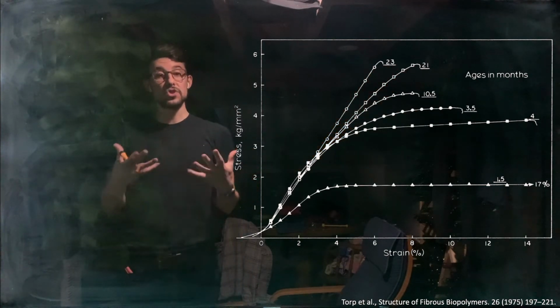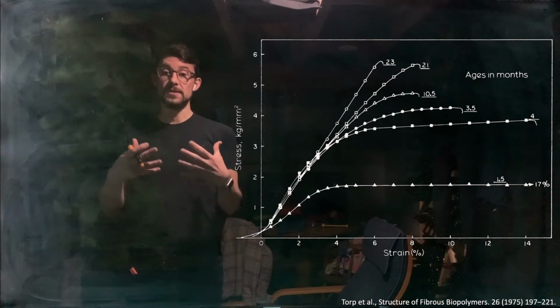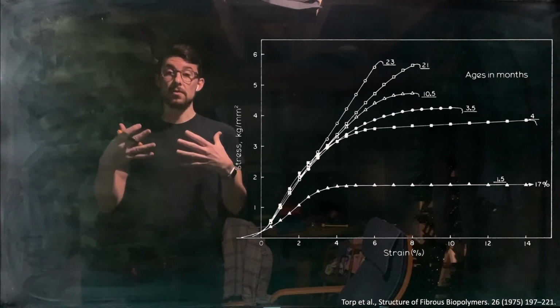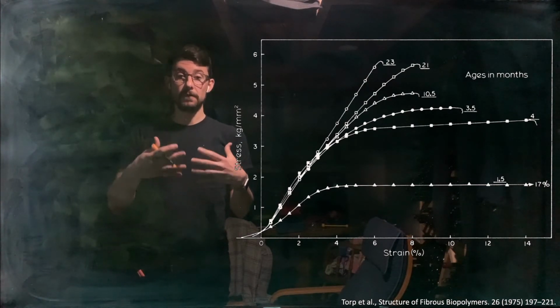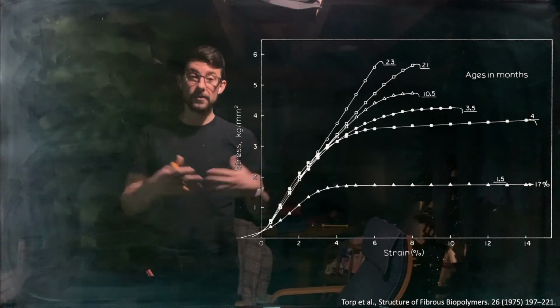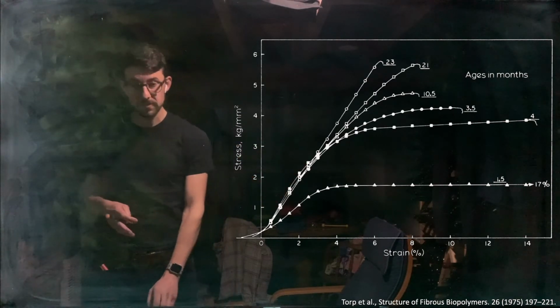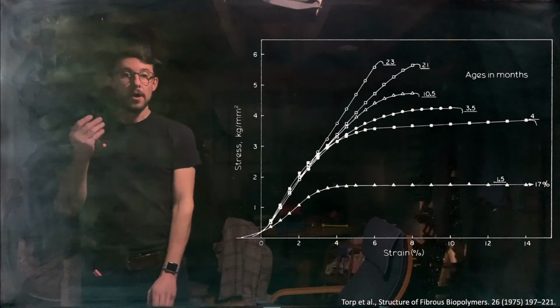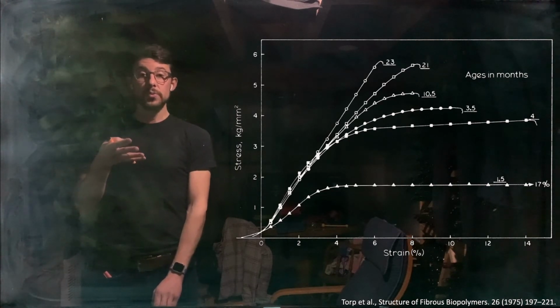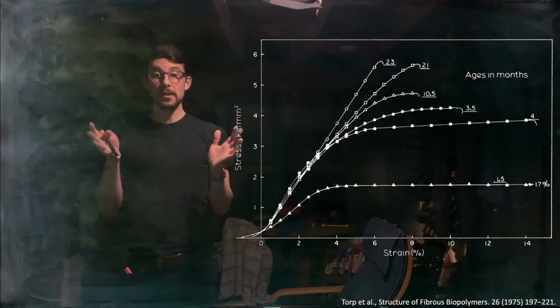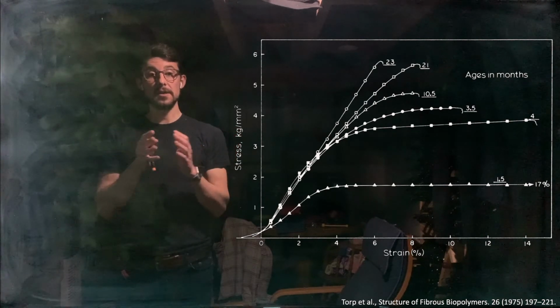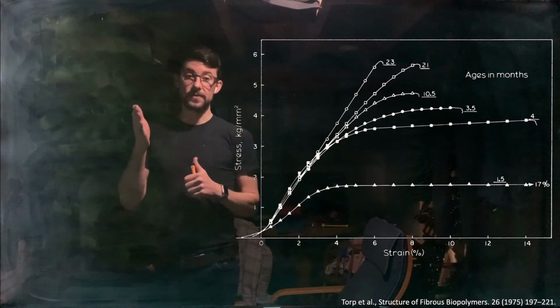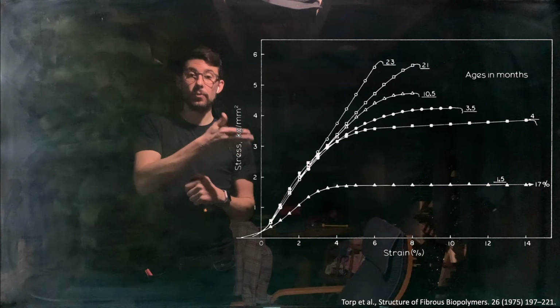Those changes are largely occurring because of changes to the cross-link profile of the tendons over time as the animal ages. But the story between cross-linking and tendon mechanics is not so straightforward. It's not just that more cross-links equals a stronger tendon, right?